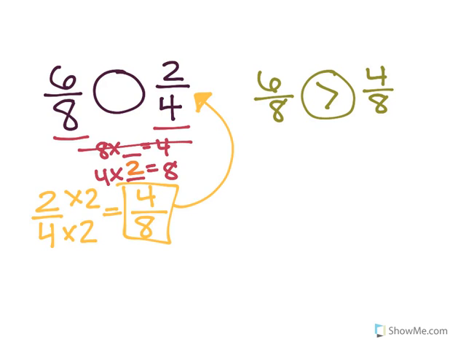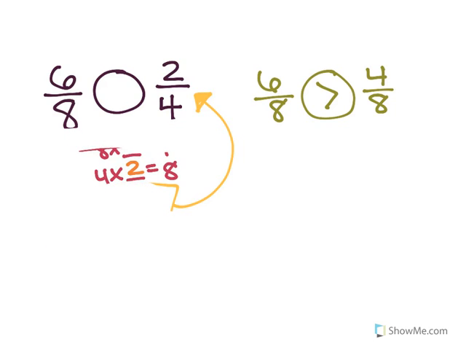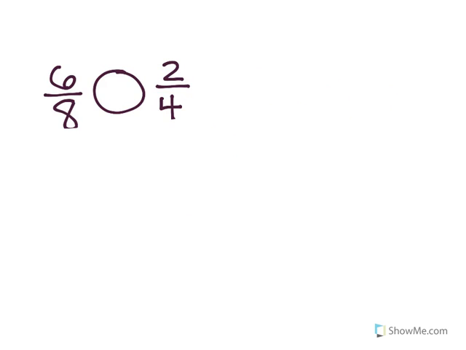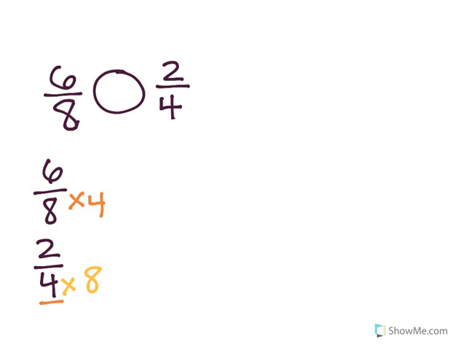Now let's say I didn't notice that I could do strategy number 1, and I just went ahead with strategy number 2. It would still work. If I took 6/8 and 2/4 and I multiplied the 8 by the 4 and the 4 by the 8, because 8 times 4 and 4 times 8 give me the same answer.